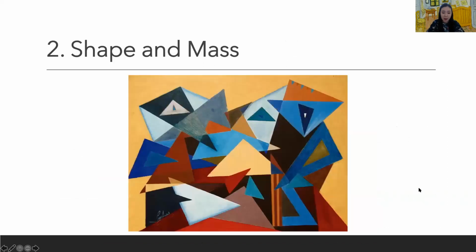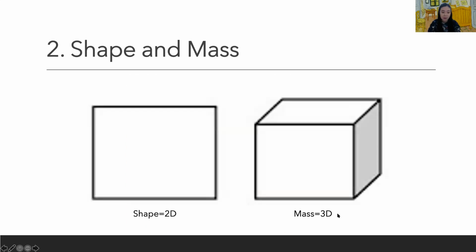All right, so now we are going to see the second visual element, shape and mass. A shape is a two-dimensional form and a mass is a three-dimensional form. A shape consists of width and height.